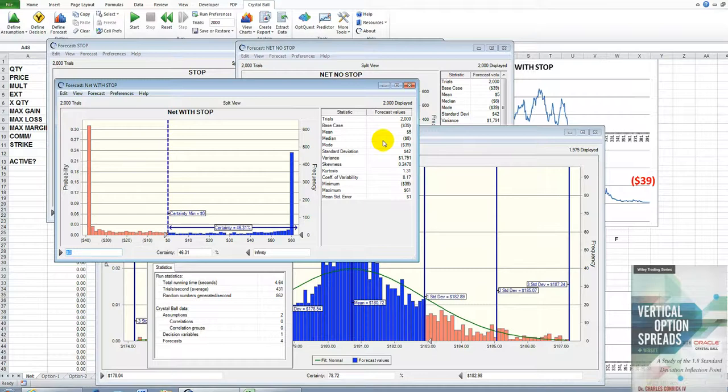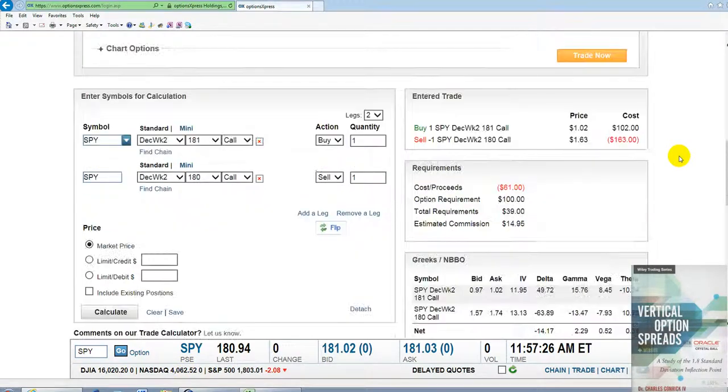You might have noticed that on a bear call spread, as I told you, you were buying for $1.02, selling for, in this case, $1.63, the 181 and 180, if I had it set up correctly. So a bear call spread was a credit spread, obviously. So the bull put is a credit spread and the bear call is a credit spread.